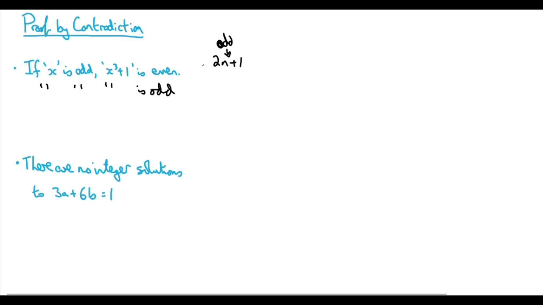Now then, if we were to cube this, if this is our x, x cubed is going to be 2n plus 1 cubed. So you can think of that, if you like, as this squared, then times by another one of itself. So 2n plus 1 squared would be 4n squared plus 4n plus 1.